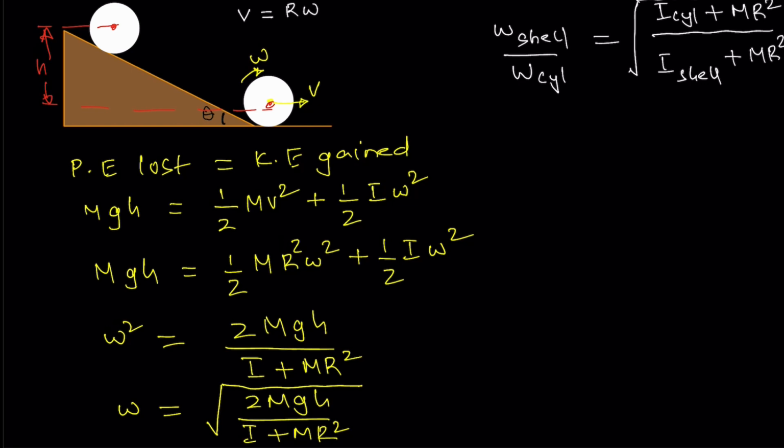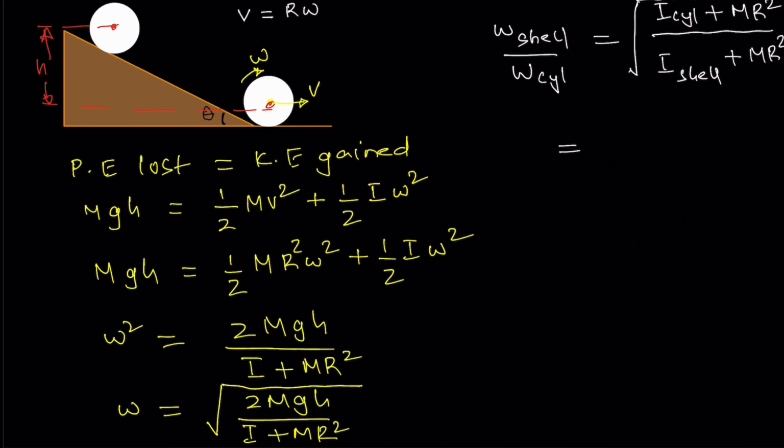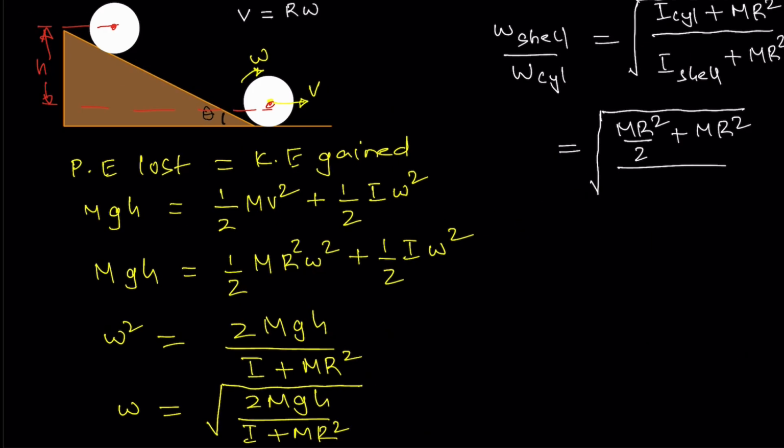I think we are almost there. What is the moment of inertia for a cylinder? It is mr square by 2. So let's substitute that: square root of mr square by 2 plus mr square, divided by, for the shell, 2/3 mr square plus mr square.